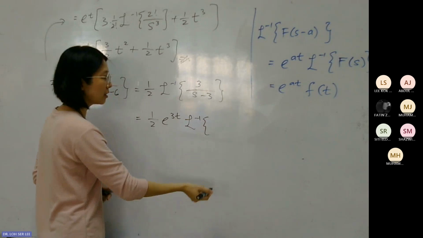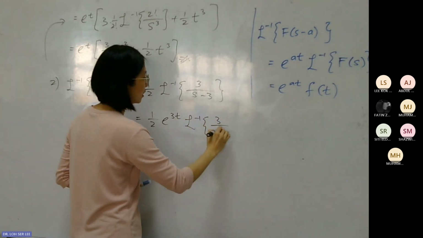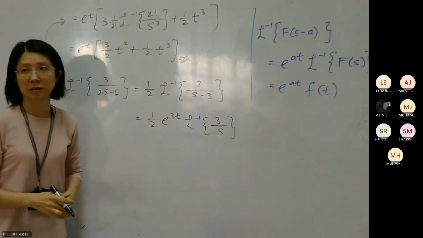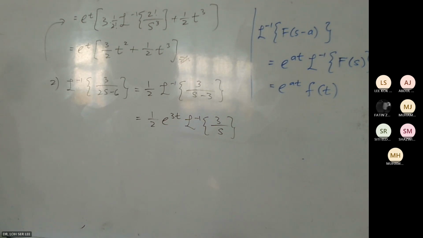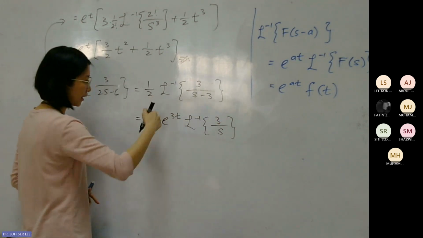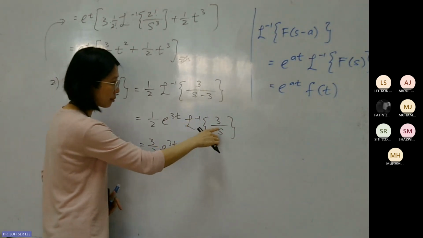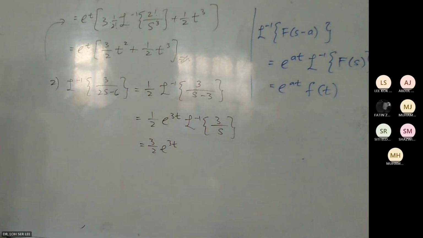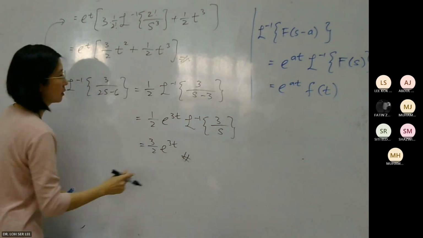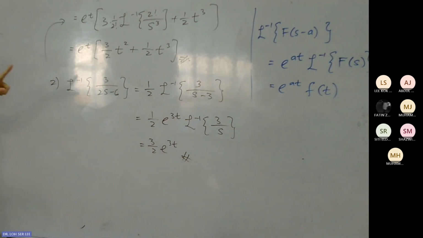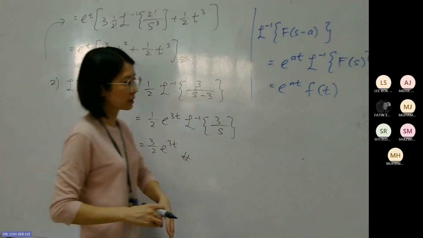So what is left inside the bracket is 3 over s. We can factorize the 3. And inverse Laplace of 1 over s is 1. Or you use the formula of 1 over s minus a. You can apply this one directly. This one I apply the first translation.